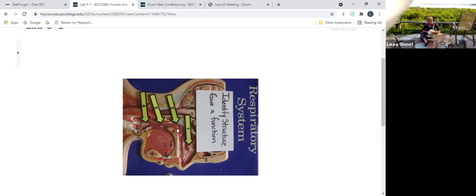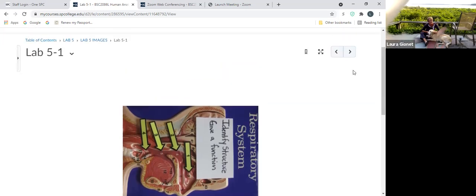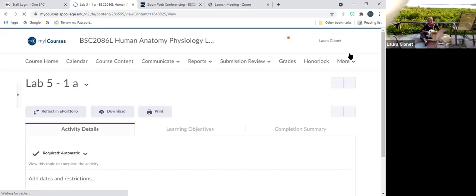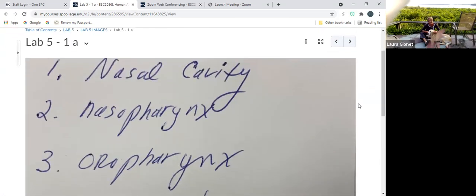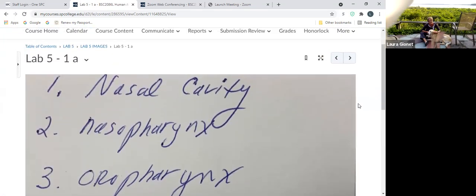So we have the nasal cavity, nasopharynx, oropharynx, and laryngopharynx.